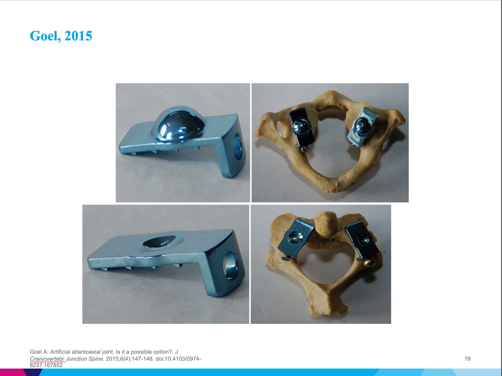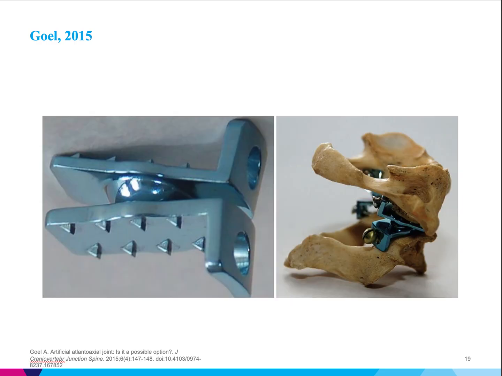So in his approximation, he approximates the joint as a ball and socket joint. Okay, and then on both sides you have a bilateral insertion. He has these spikes along the surface that help to wedge and secure the implant in the bone at C1 and at C2.